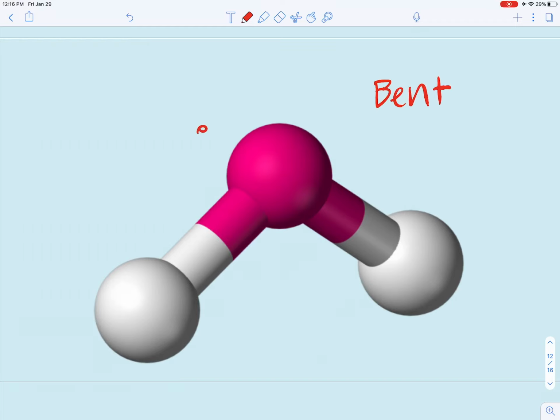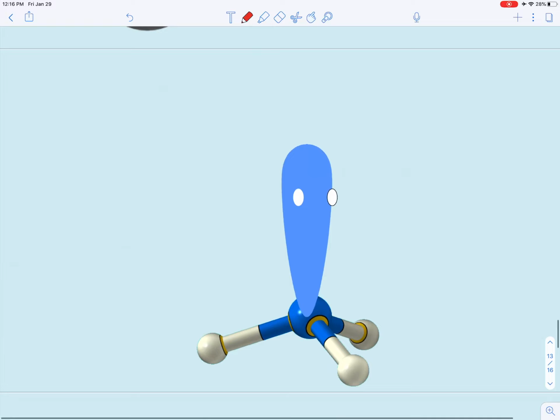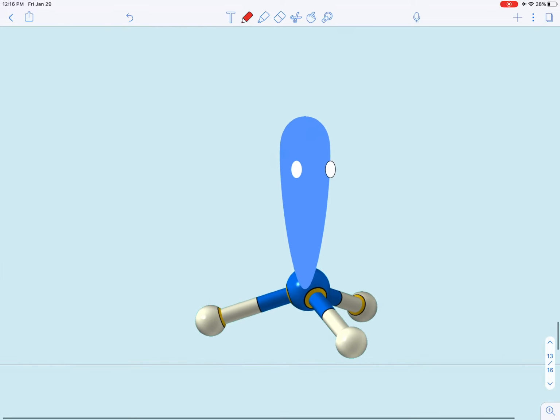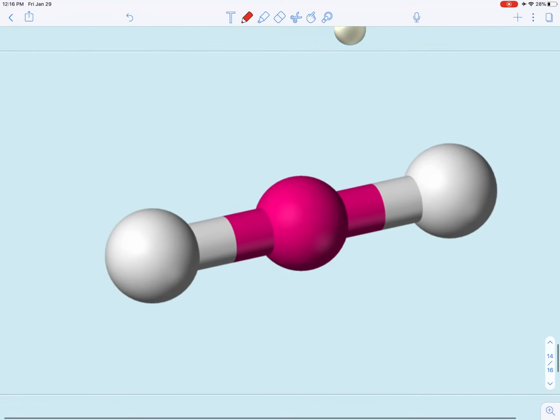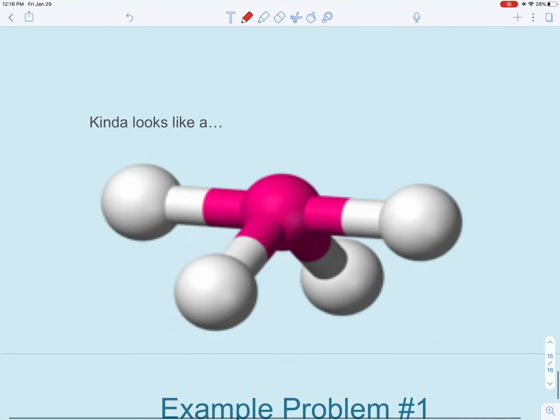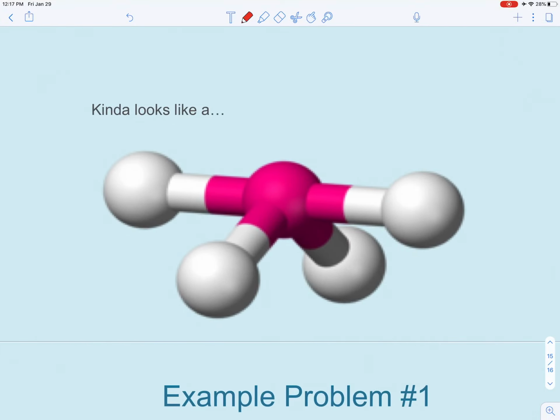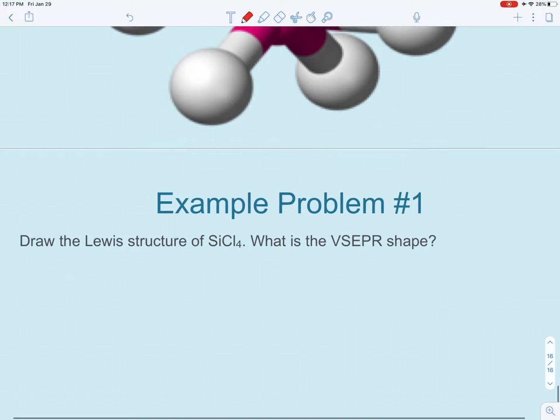All right, so what's missing is you've got lone pairs of electrons over here. Okay, this one we have one lone pair on top and 3 bonded. So this is trigonal pyramidal. And then lastly, a line or linear. This one you can guess. You don't have to know that one.